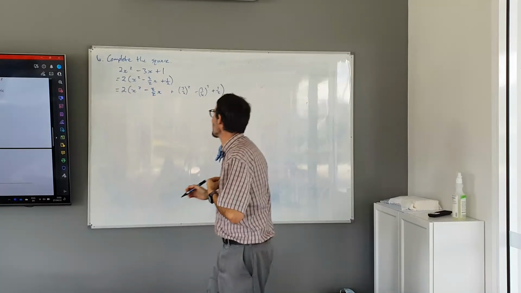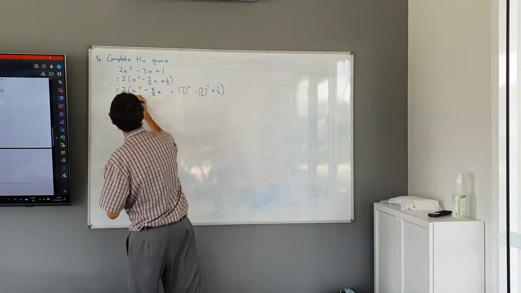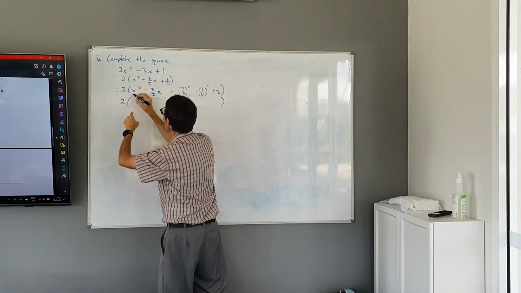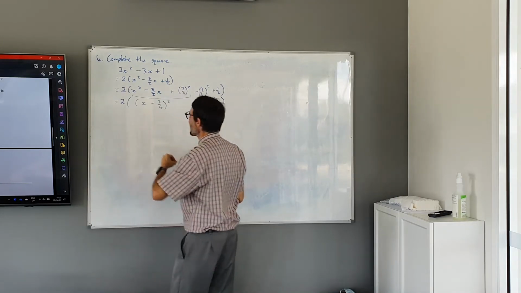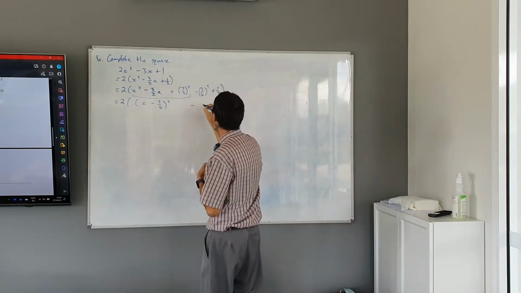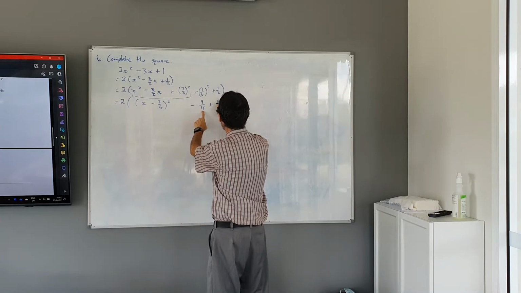All right. So it's 2 times something. Well, this bit is x minus 3 on 4 squared, minus 9 on 16 plus 8 on 16.